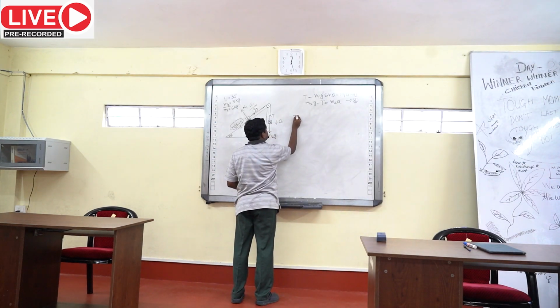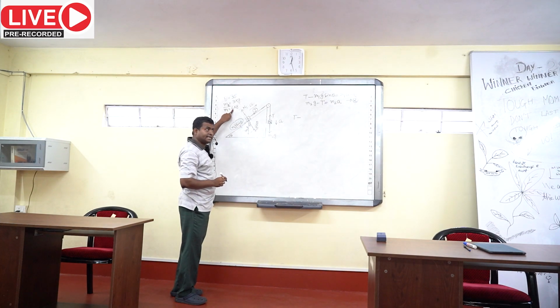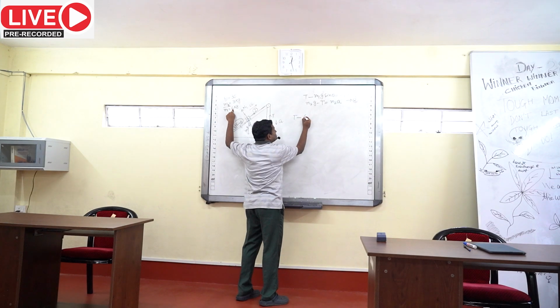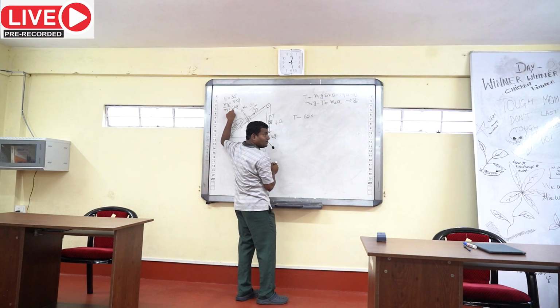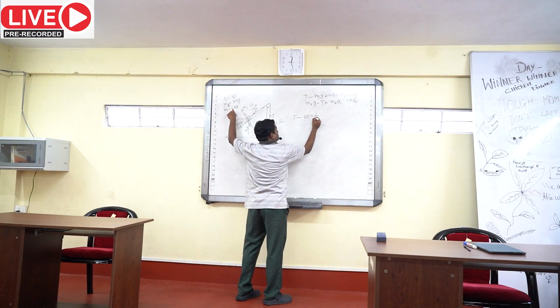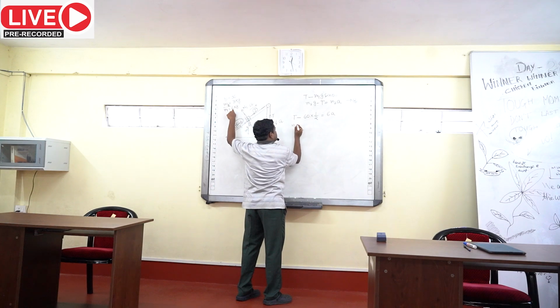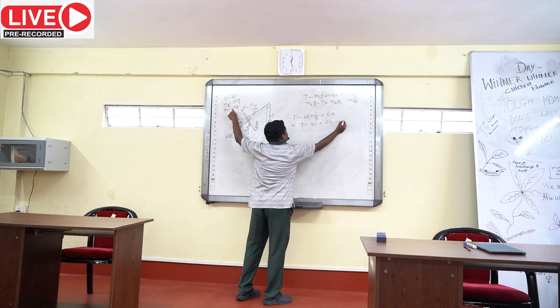From the first equation we can write T minus, what is m1? 6. So that is 6 into g. 6g means 60. Sine 30 means half. Equal to 6a. So this equation is reduced to T minus 30 equal to 6a.